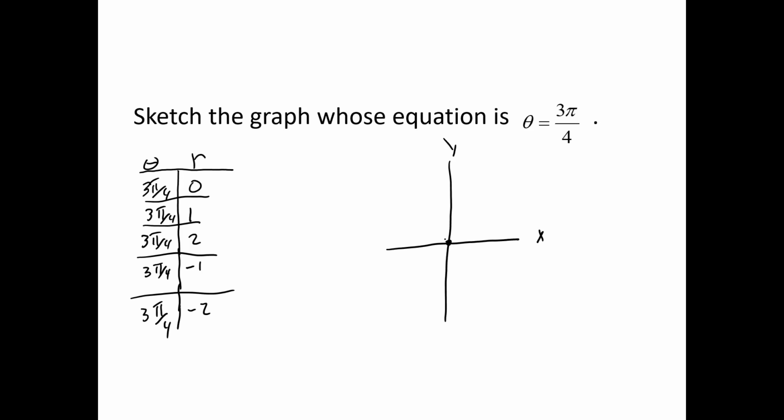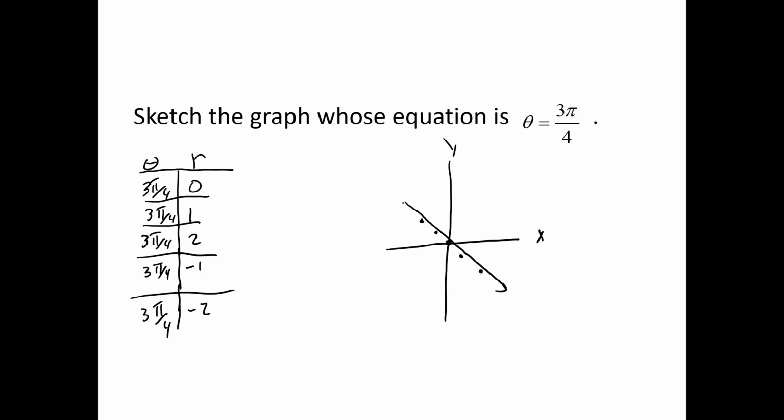At 3 pi over 4, 1, you rotated 3 pi over 4 and you move 1 unit out. 3 pi over 4, 2 is over here. And if you go 3 pi over 4 and go in the opposite direction, you get negative 1. And then if you go in the opposite direction, you get negative 2. And what you have is a line.